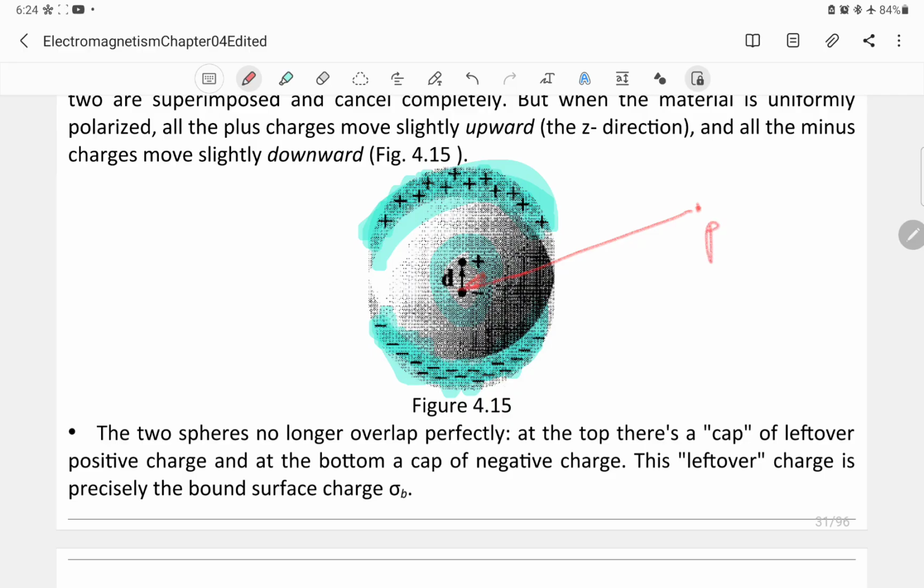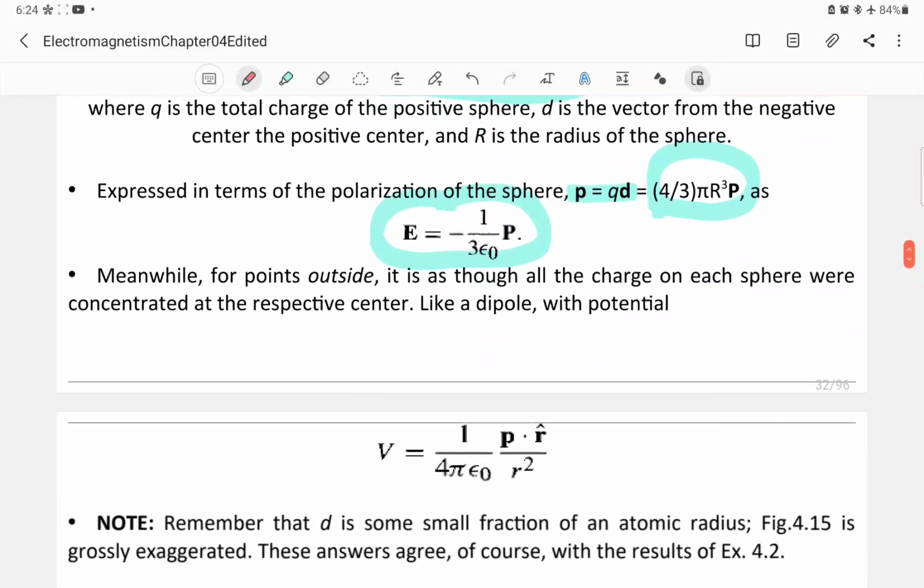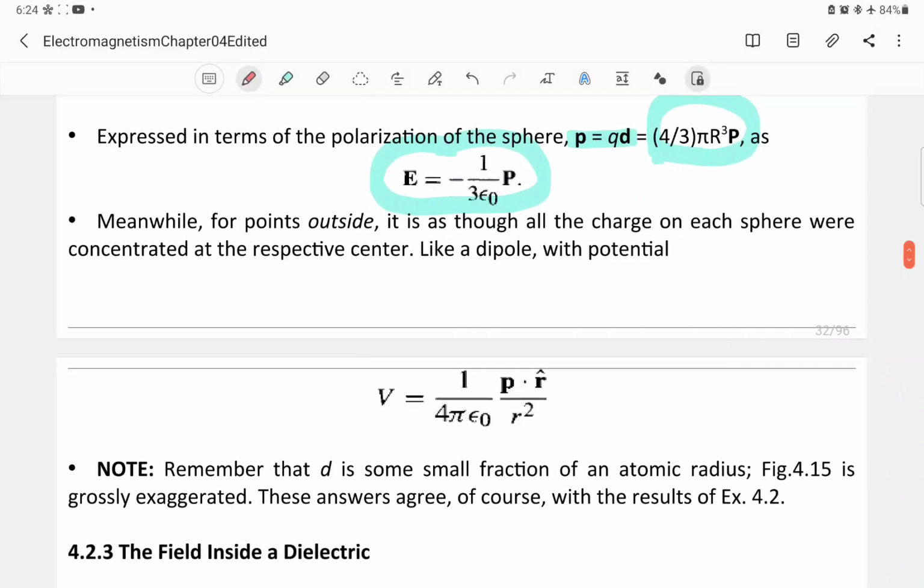For some point, say Q, some point O here outside. And the potential outside would just be equal to this.